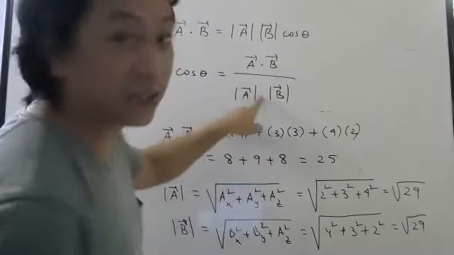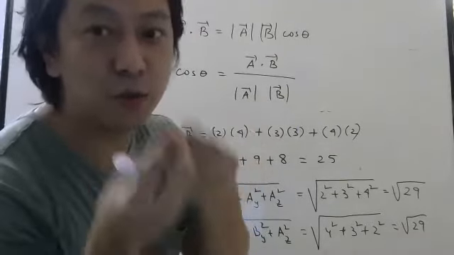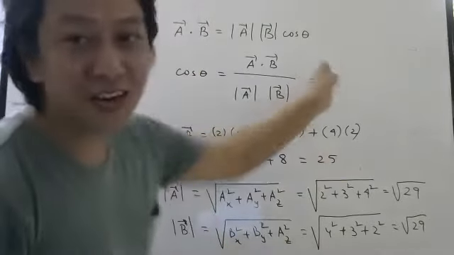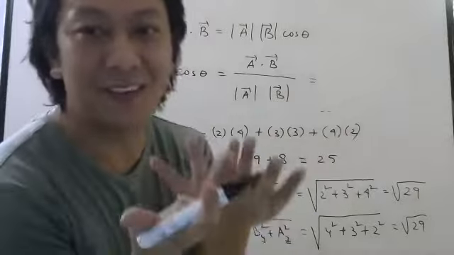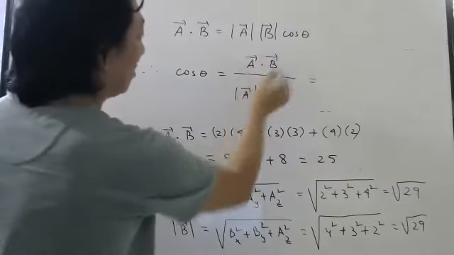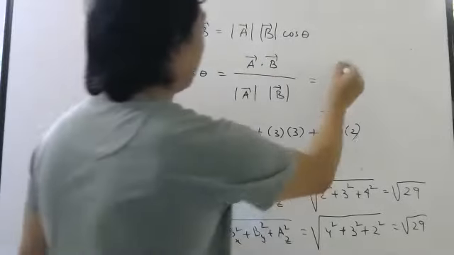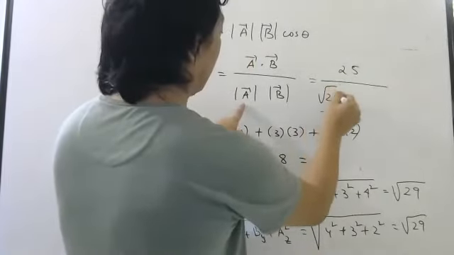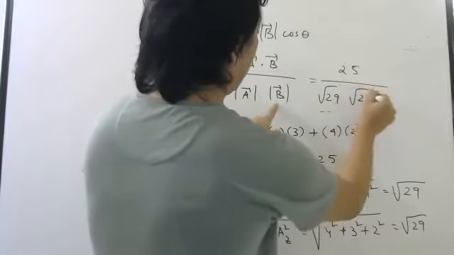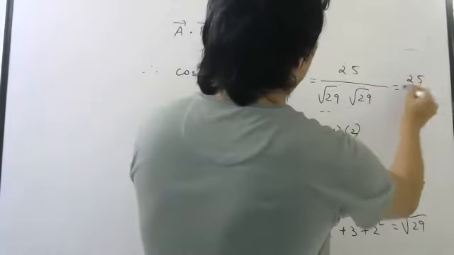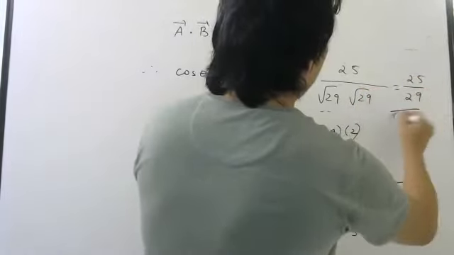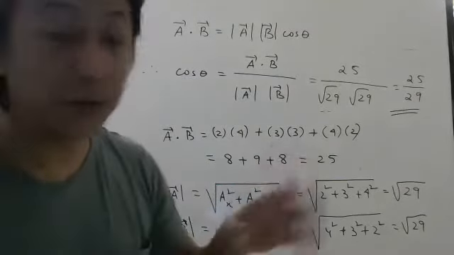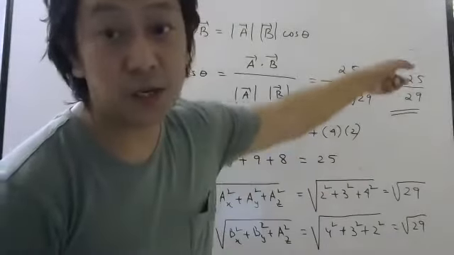Don't put dot here. These are numbers. For numbers, you do normal multiplication. Now, here, don't write AX, BX, AY, BY. Why? You have found already the dot product. What is the dot product? 25. And this is root 29, and this is root 29. So this will be 25 by 29. So here you can stop. That is the answer. Here we cannot find theta easily because it is 25 by 29.